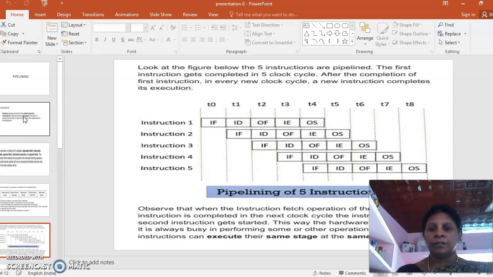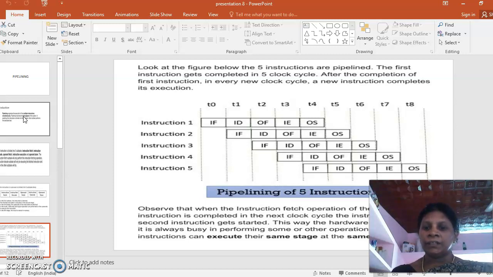This diagram shows the pipelining of 5 instructions. We observe that when the instruction fetch of the first instruction is completed, in the next clock cycle the instruction fetch of the second instruction gets started.